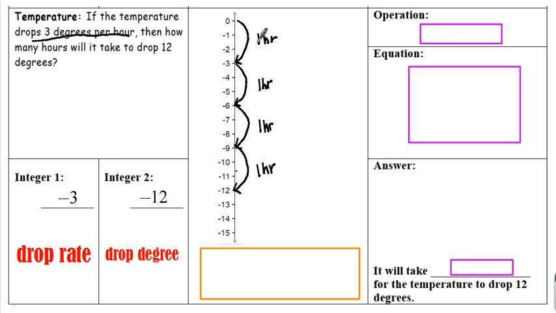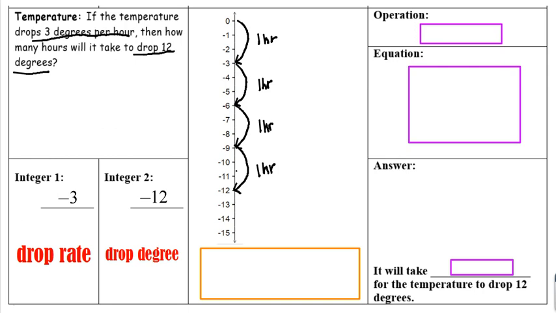So again, we went 1, 2, 3, 4 drops of 3 degrees to get to -12 degrees. So after 4 hours, we are at -12 degrees.